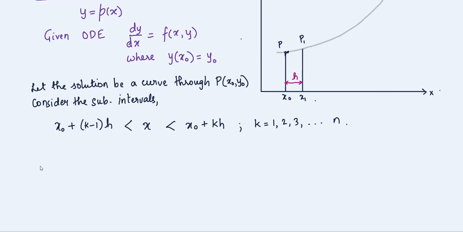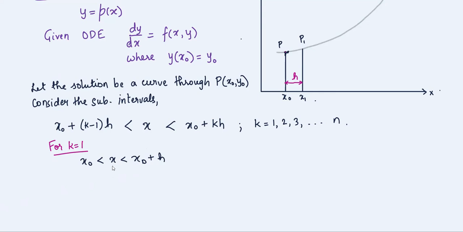So for k equal to 1, x lies between x0 and x0 plus h.